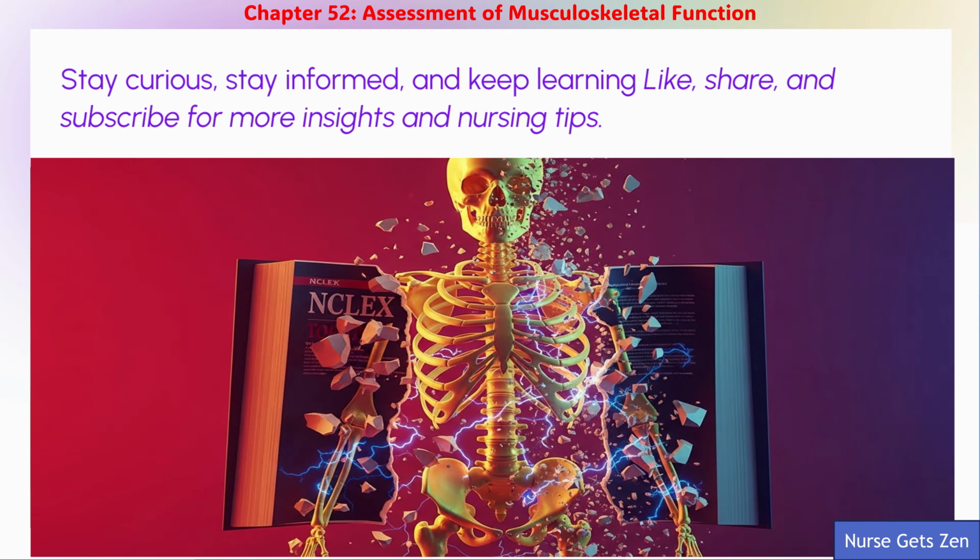And in today's video, we have chapter 52. In this unit about skeleton and muscle functions, the first chapter in the unit is assessment. Chapter 52, assessment of musculoskeletal function, from the Medical-Surgical Davis Advantage nursing textbook.